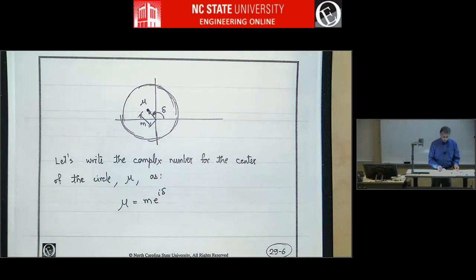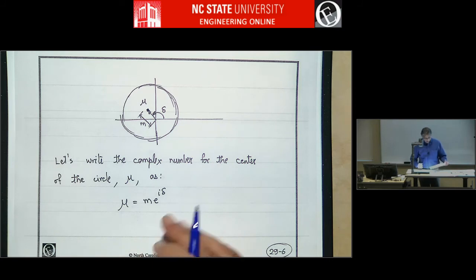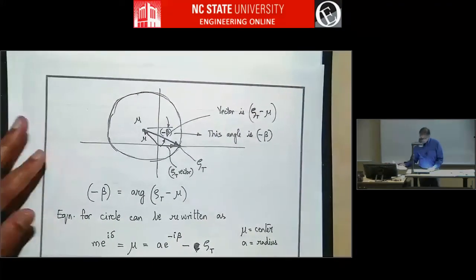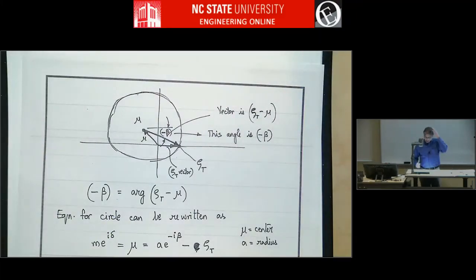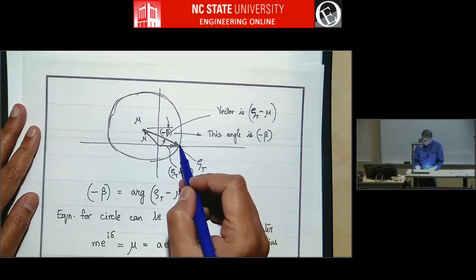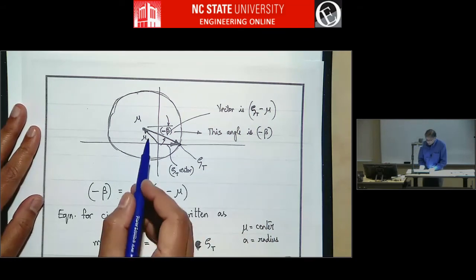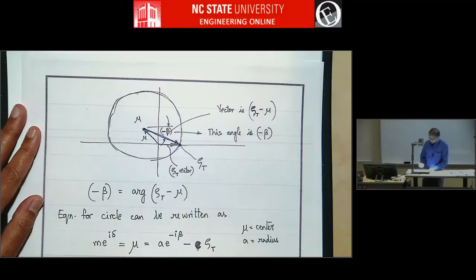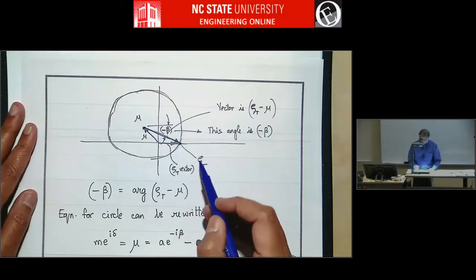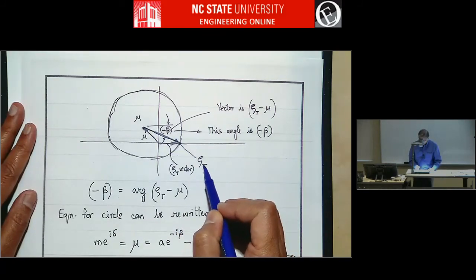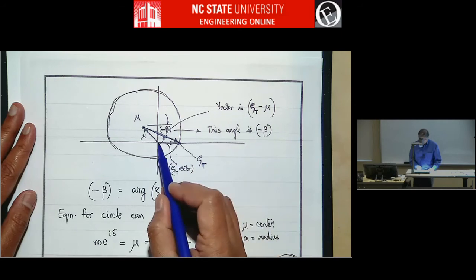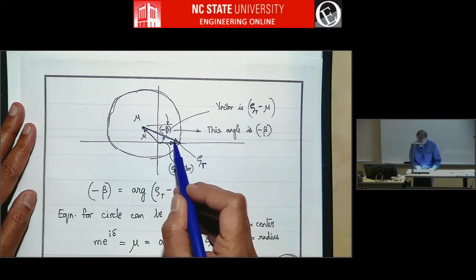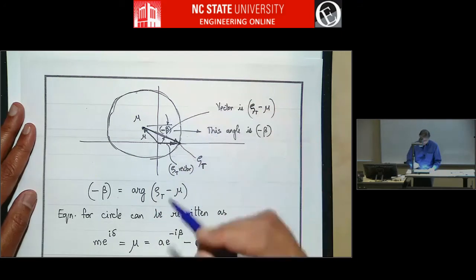So if you now connect that with the trailing edge point, the point that becomes the trailing edge. So this is the center, and let's draw a vector from the center to this point. So this point is zeta t. So that means this is the zeta t vector. This is the mu vector.